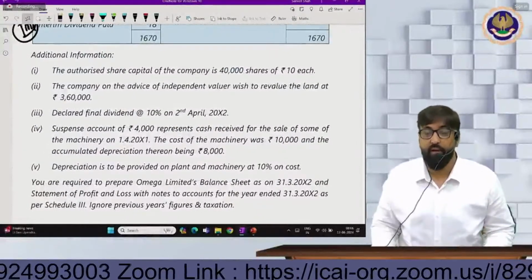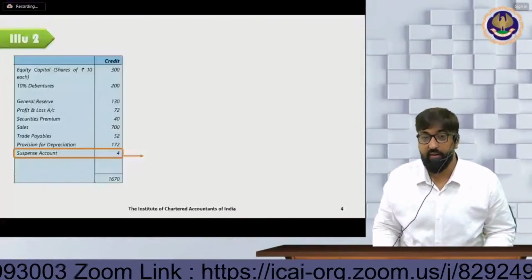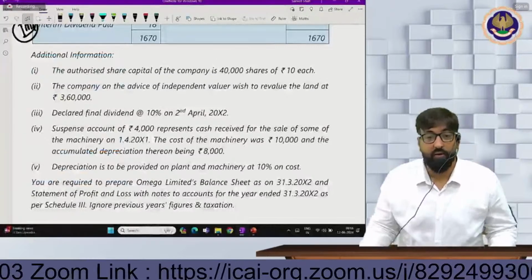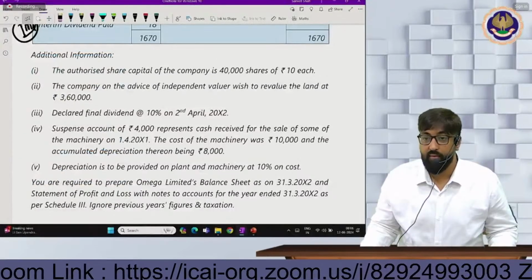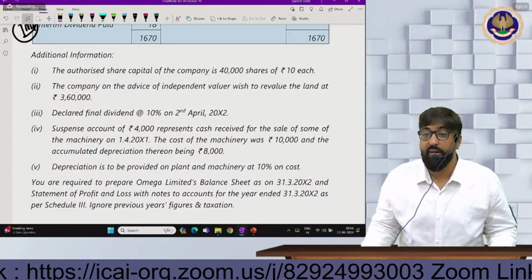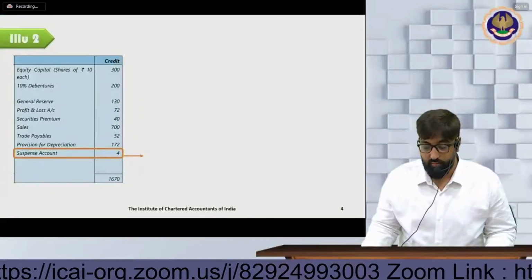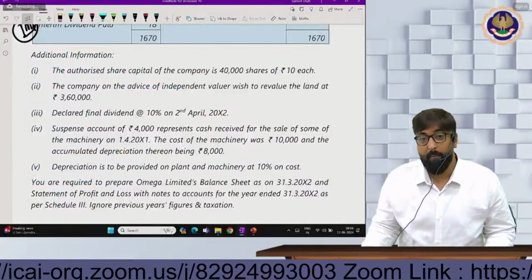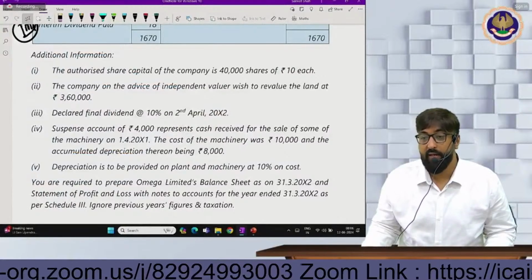First adjustment. Yes, everyone has written it on the question. Has everyone completed till now, till the suspense account? Write it in the comment section.